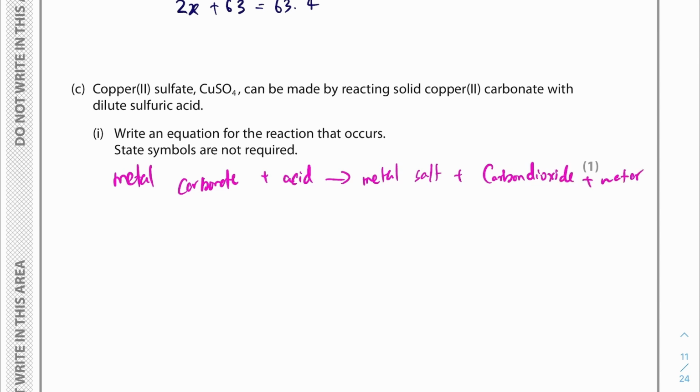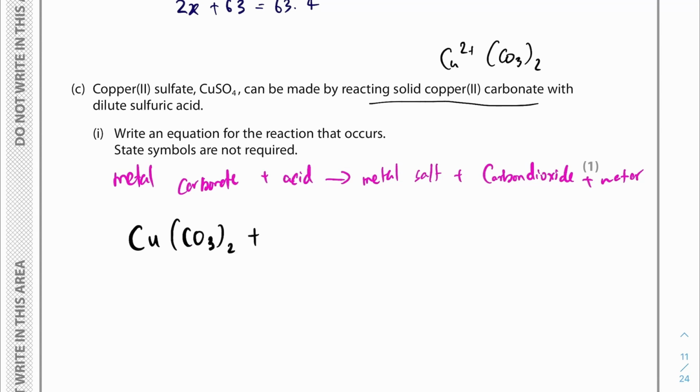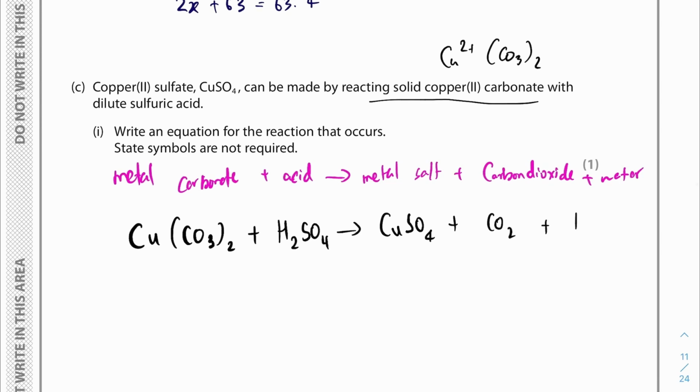So in this case, let's look at what we have. We have metal carbonate, we have copper carbonate, so that's Cu2+, and then we have CO3. And the acid is H2SO4, and this goes to metal salt. So that'll just be CuSO4, copper sulfate, plus carbon dioxide, plus H2O, right?